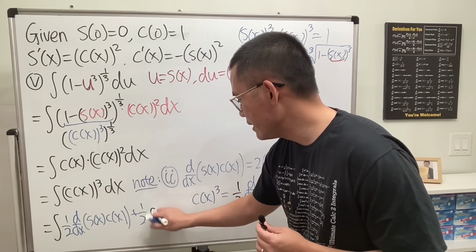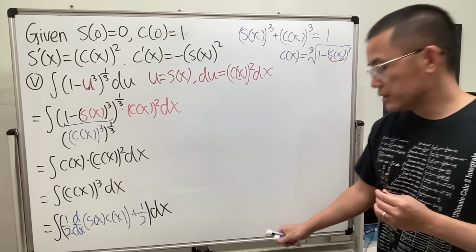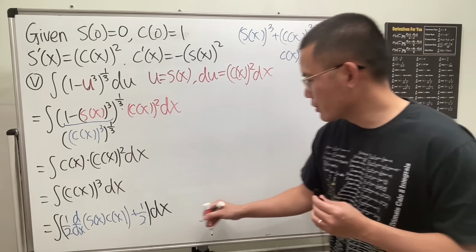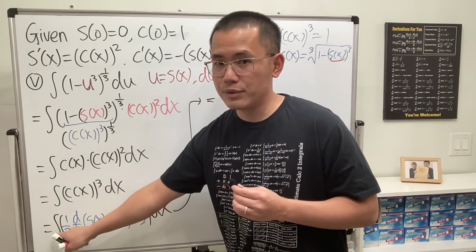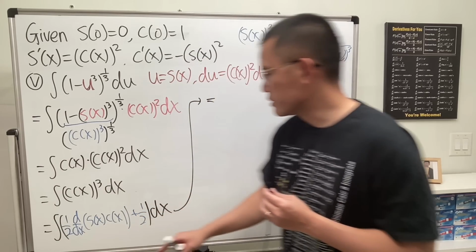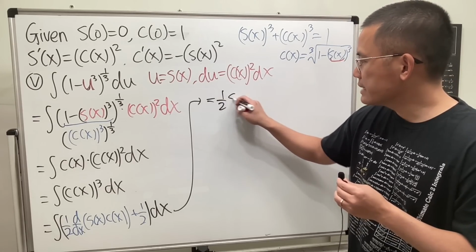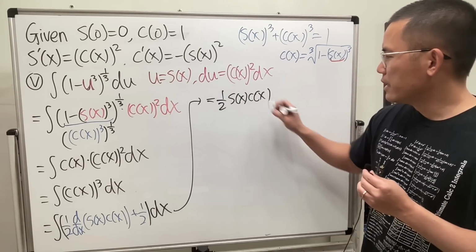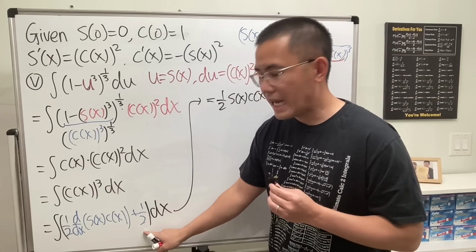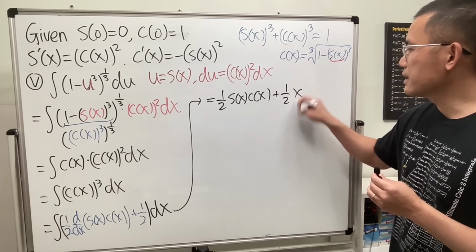And then in the x world, like that. Okay. So to continue, firstly, we can put the 1/2 to the outside and the integral and derivative cancel. So the first part is just 1/2 s of x times c of x, and then we are done. Now, next part, we have to integrate 1/2 in the x world. So we just need to say plus 1/2 x.